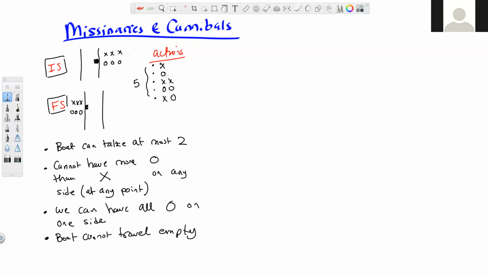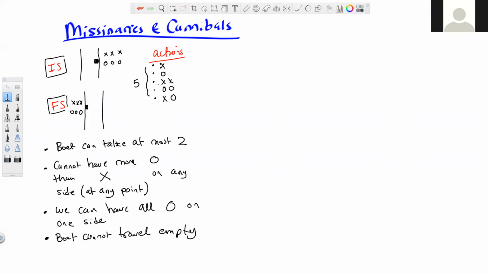Then you talk about moving O1 or O2 or O3. And when you talk about 2 X's, you start talking about combinations: move X1 and X2, X1 and X3. Then you're going to get a lot more actions, and that doesn't matter. You really want to abstract the identity of the X's and the O's in this particular case. That happened automatically because of the way I laid it out, but it gives you another example of this notion of abstraction and the notion of a state not being sharp. You have different choices for what that is.